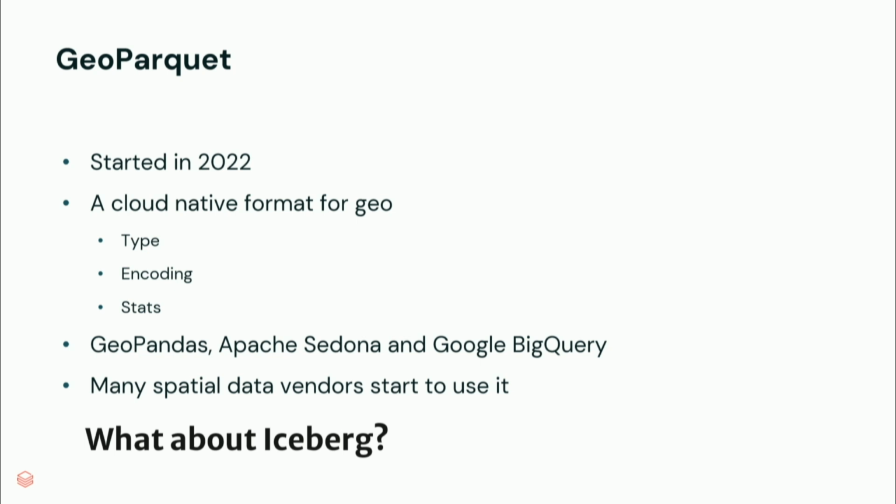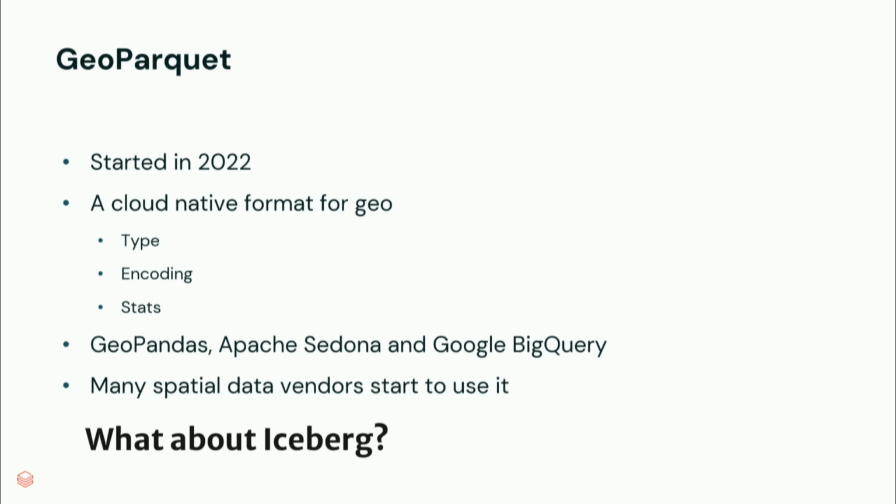So the community realized that problem, and a couple of years back the GeoParquet project started. GeoParquet is a community effort started in 2022. It defines a cloud-native data format built on top of the Apache Parquet format, and it defines how you describe a geospatial data type, how to do data encoding for geometry data types, and how to store spatial statistics like bounding boxes inside Parquet.